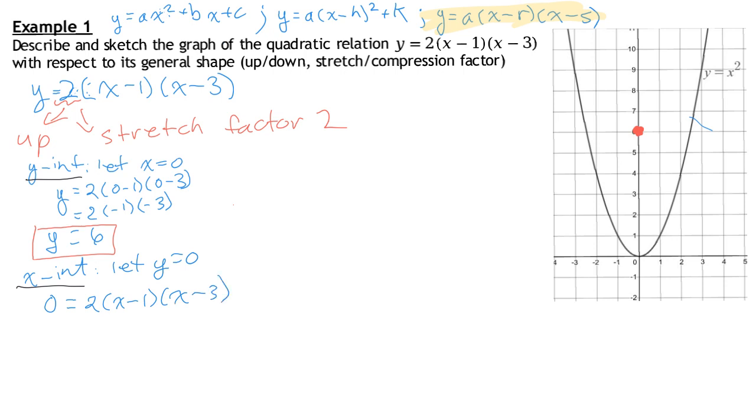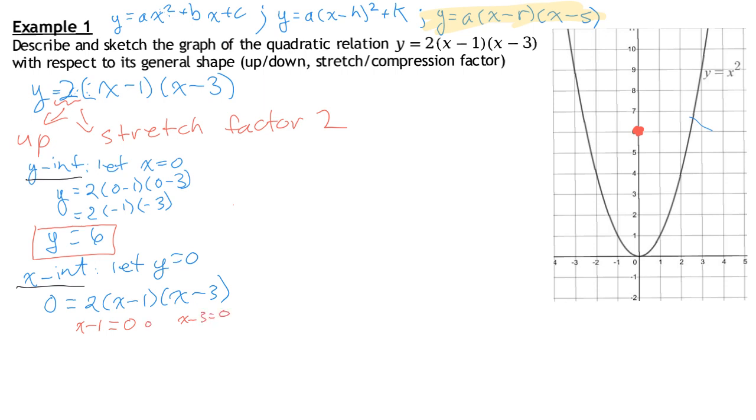When we're solving, our x-intercepts fall out of here because of this bracket, x minus 1. It's equal to 0 because 2 times 0 would give us 0, and we're looking for a value of x that makes this 0. And this part here, x minus 3, is also equal to 0.